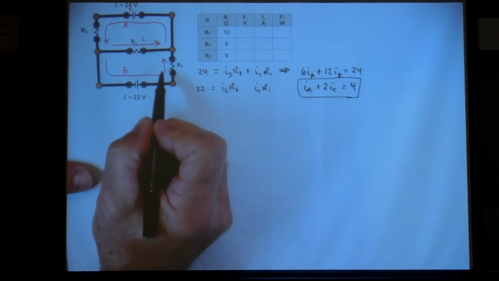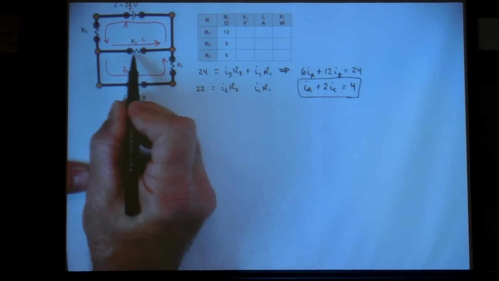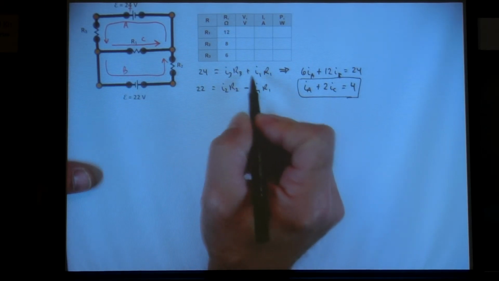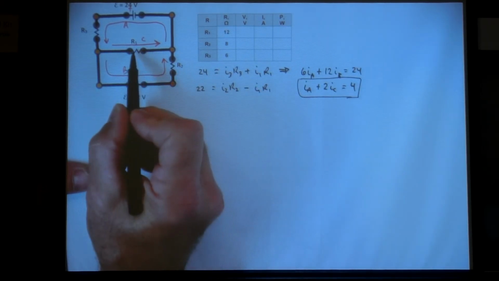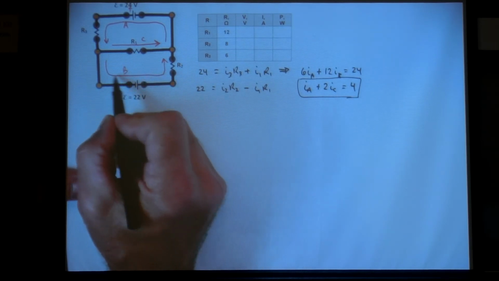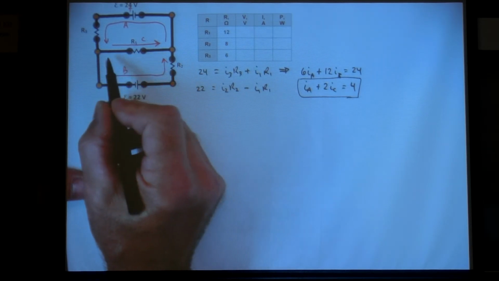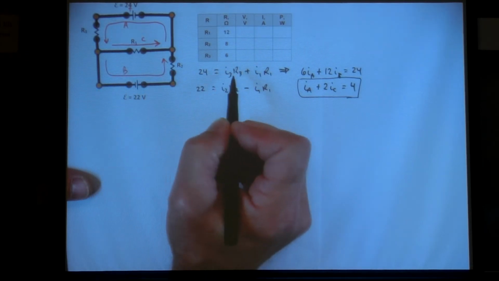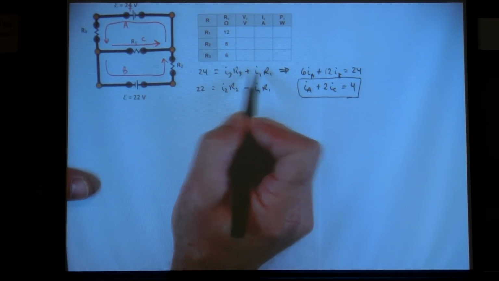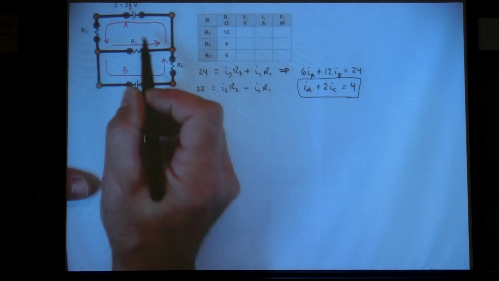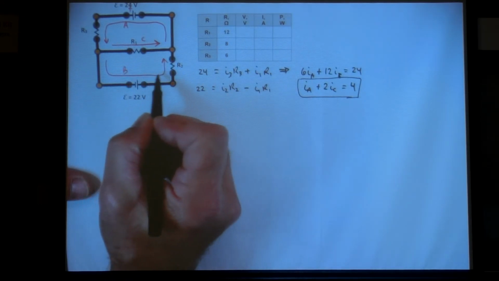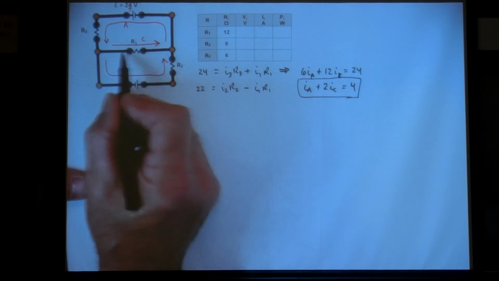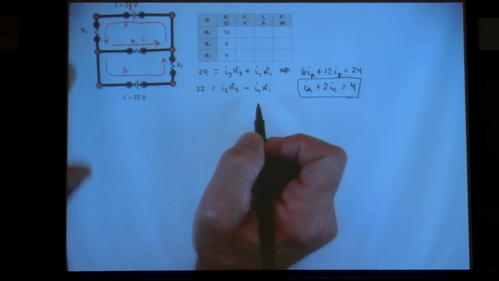Because we are moving in the opposite direction of our assumed current, we now make this a minus. That's important. So whenever we're following this loop, as long as we go with the flow, the voltages of the resistors will add up to equal the battery voltage. But if we go against the flow like we are through resistor 1 in path C here, we subtract it.